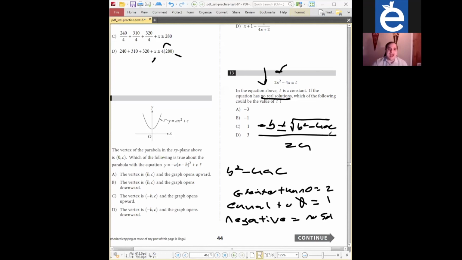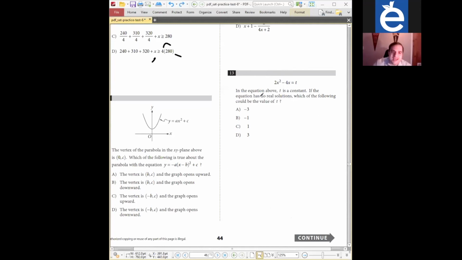And again, how do you know you're dealing with that issue? It's asking me how many solutions, not what are the solutions. So let's take this and shove it into standard form. Then we'd have 2x squared minus 4x minus t equal to 0, right? So now we apply our b squared minus 4 times a times c.